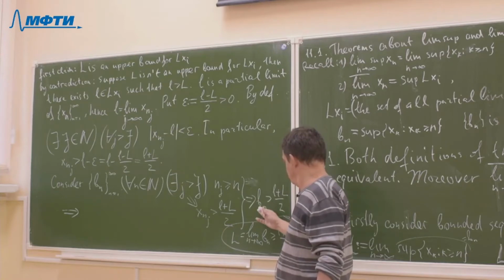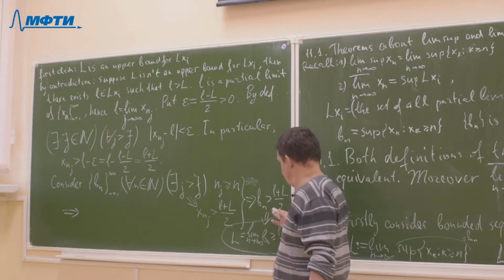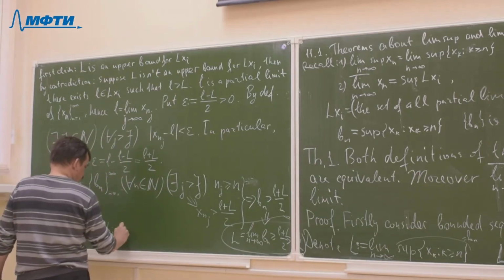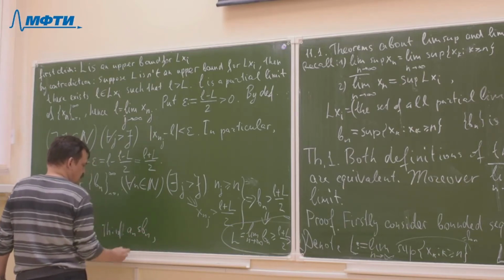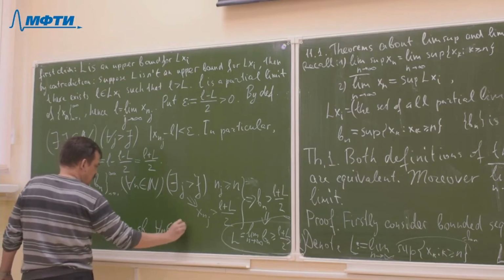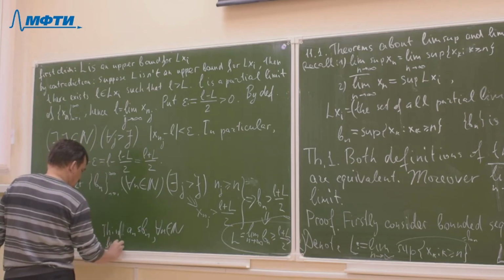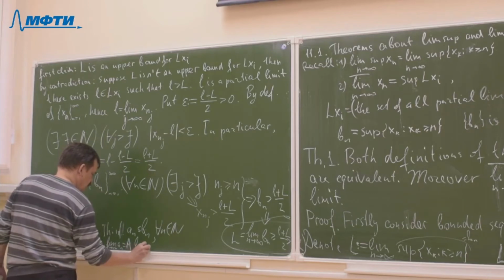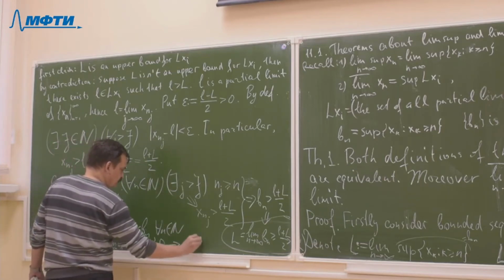So the theorem which I used here: if an is less or equal bn for all n natural, and limit an equals capital A, limit of bn equals capital B, then A is less or equal than B.